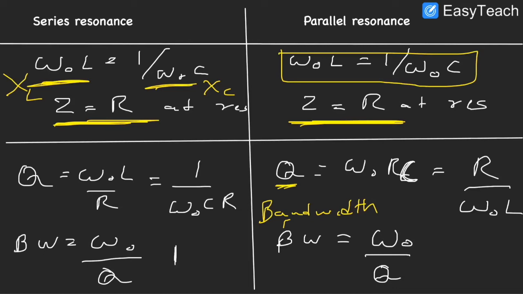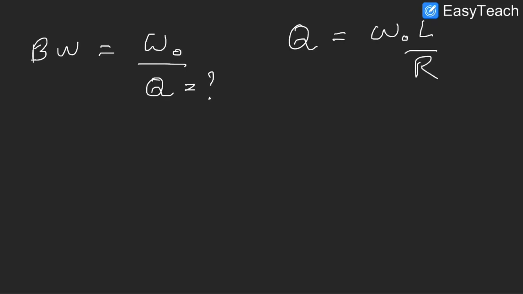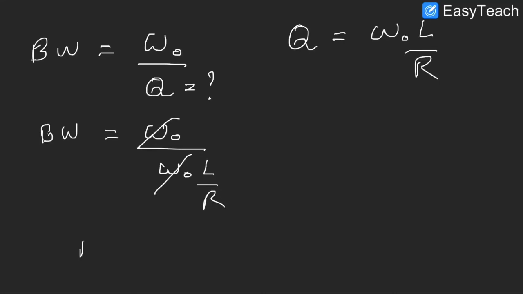For series resonance, our bandwidth is omega naught by Q. So to find the bandwidth, first we need to find what Q is. The Q value, if you remember, is omega naught L by R. So bandwidth is equal to omega naught divided by omega naught L by R. Omega naught and omega naught will cancel, so that leaves me with my final answer. Bandwidth is R by L.